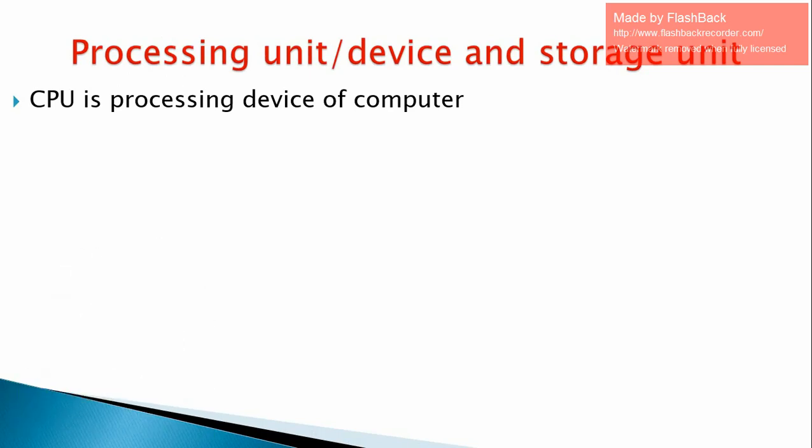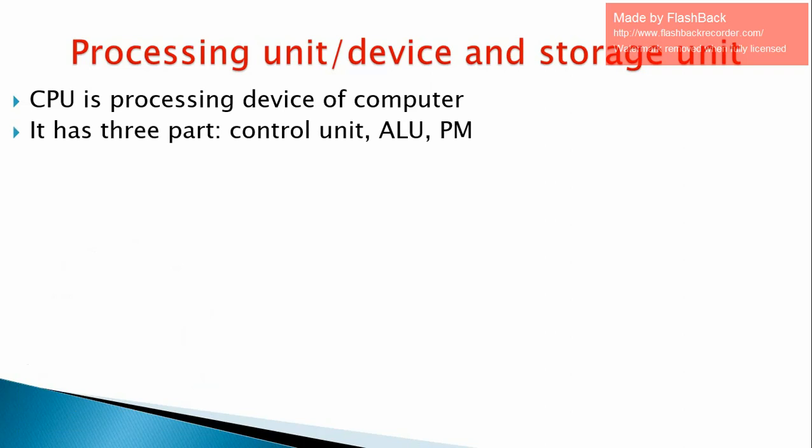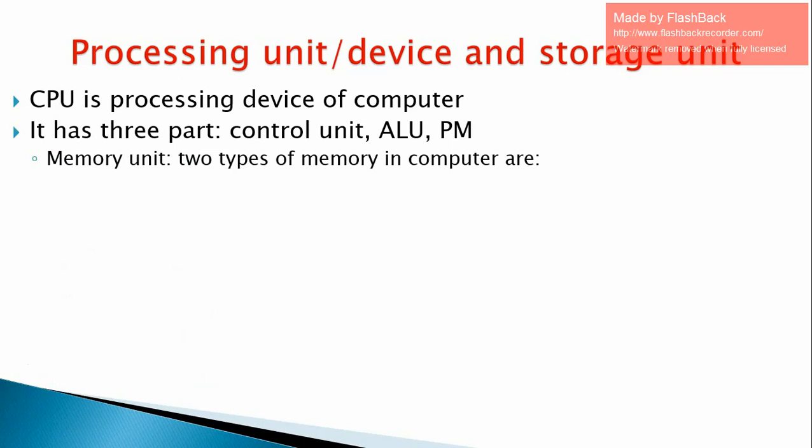The CPU also has three parts: the control unit, the arithmetic and logic unit, and the primary memory. Also we can say memory unit, but in the memory unit we have further categories, primary memory and secondary memory. Primary memory is also known as internal memory, and secondary memory is also known as external memory.